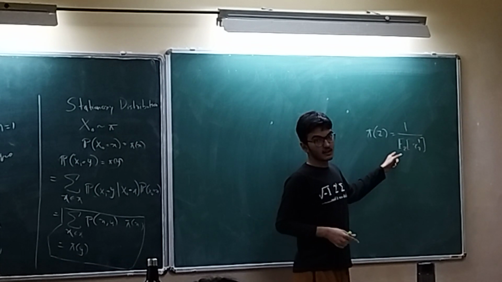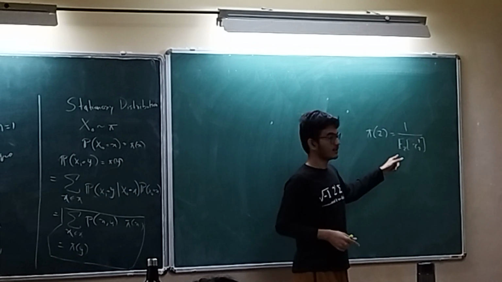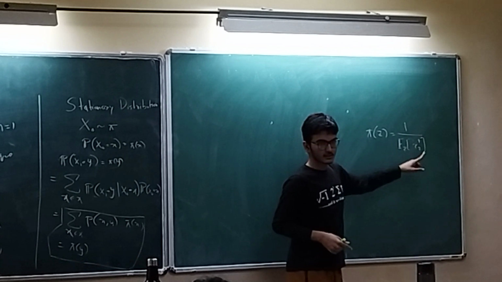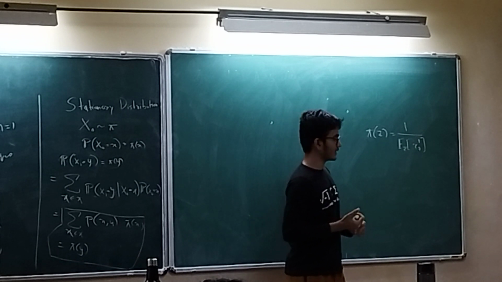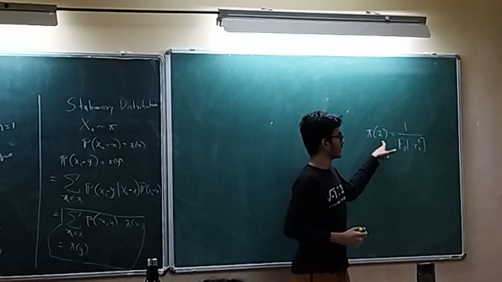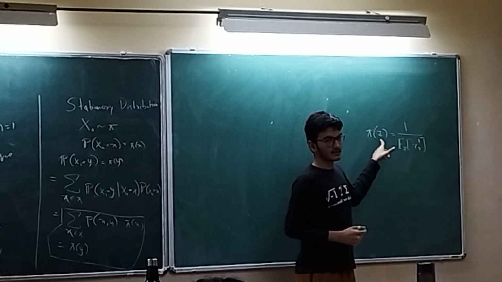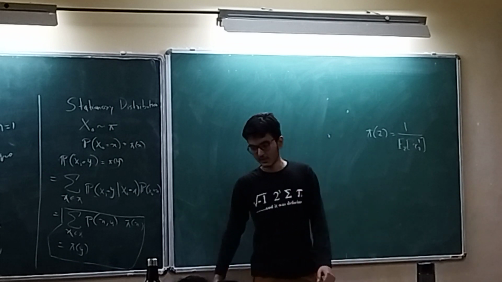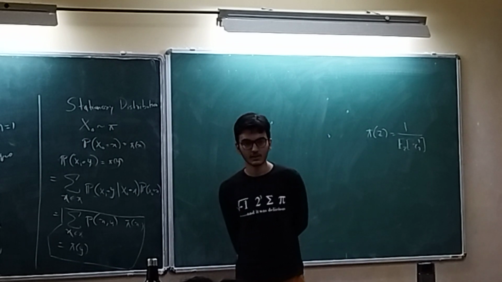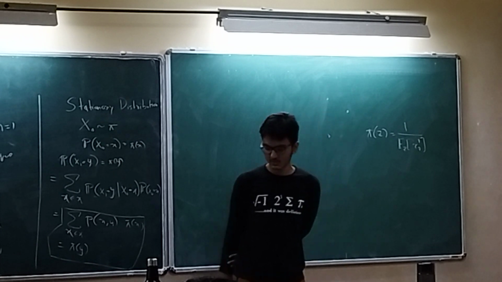Hence, it is inversely proportional. And if it's too large, then you will rarely return to this state, and hence it's less likely that you will be at z in the long run. That's why this inverse proportionality comes. In fact, you can of course prove it rigorously, but I'm just skipping that.